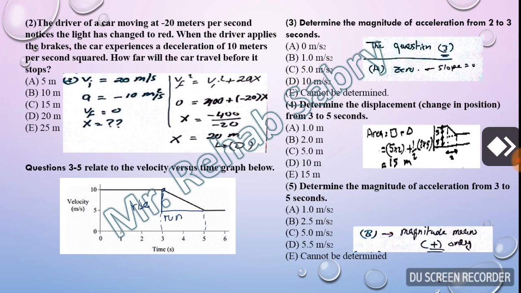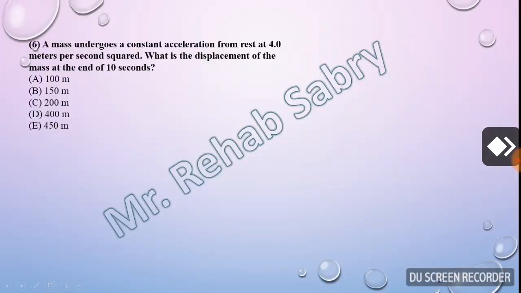Here it's from 5 to 10, so it's 5 meters per second. The run is from 3 to 5, so it's 2. So slope equals rise over run: the rise is 5 meters per second and the run is 2 seconds. So it's 2.5 meters per second squared.